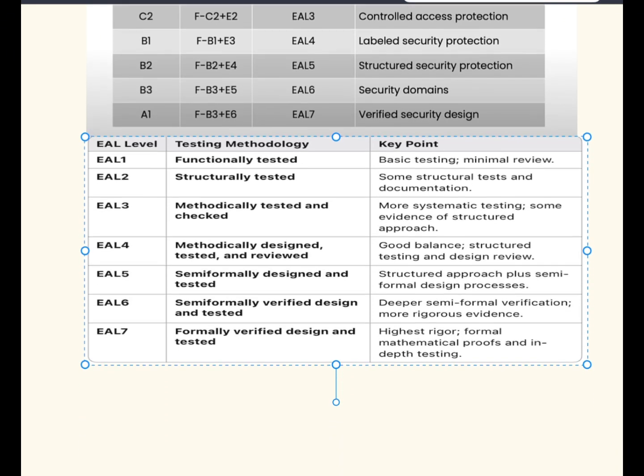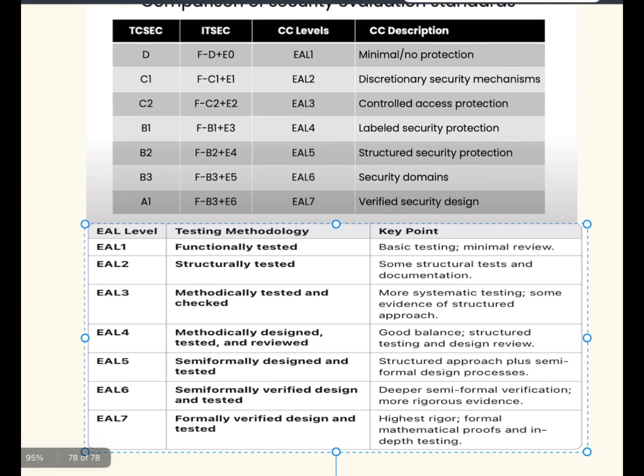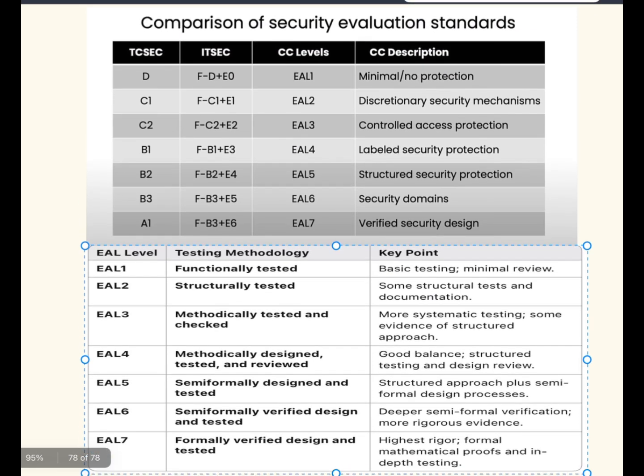This is important for the CISSP exam. You can learn all these EAL levels and the key points against each methodology. As I said, you may see one question related to this topic in the CISSP exam. So that's it about common criteria or security evaluation standards.